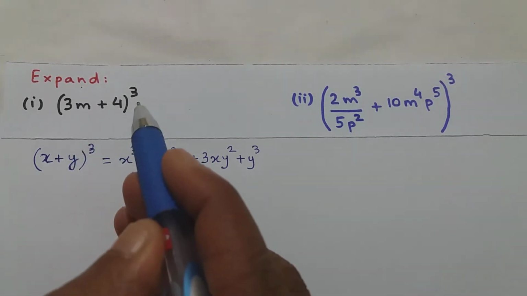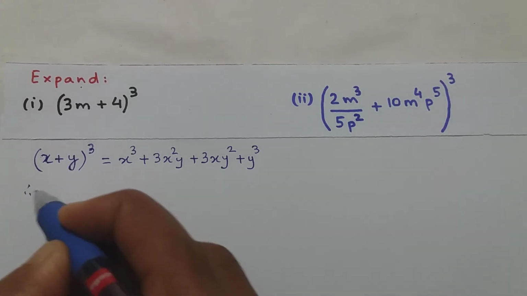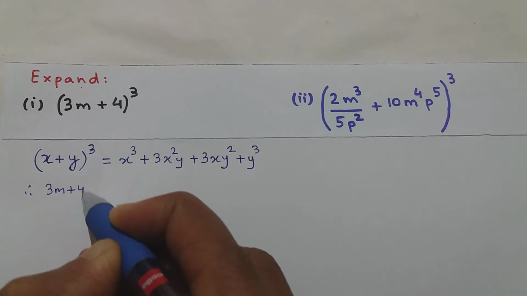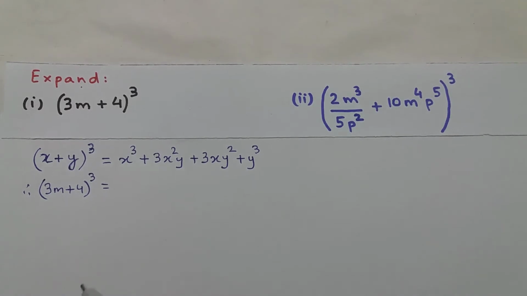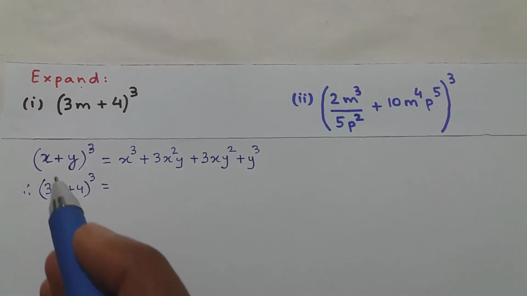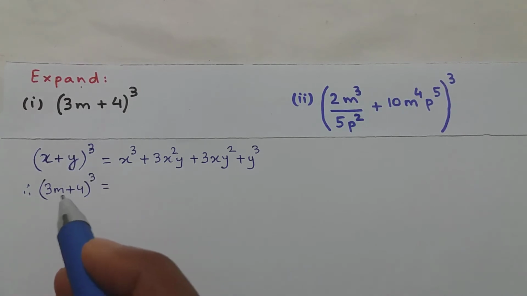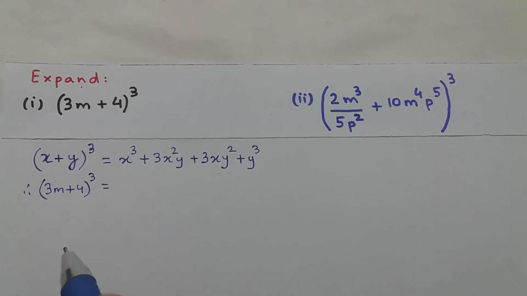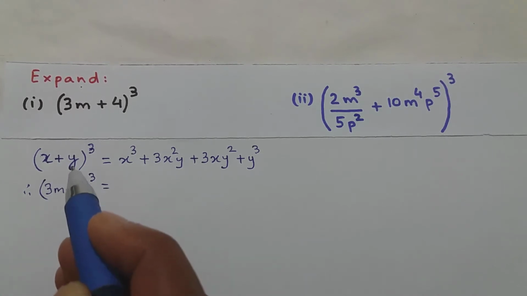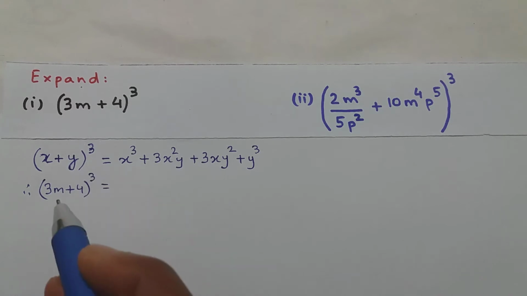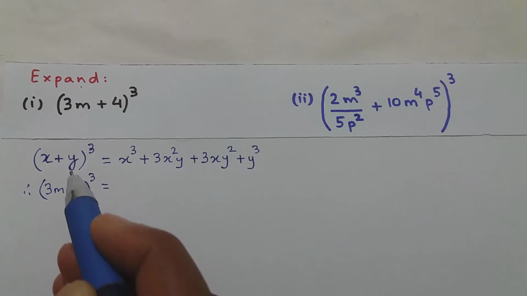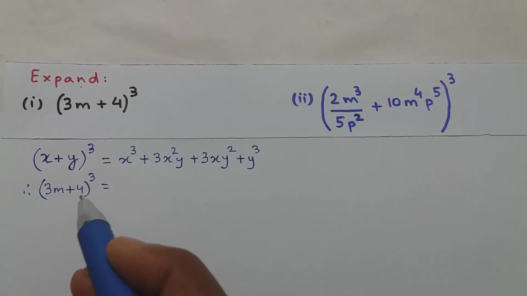So first I will write down this given expression. So therefore 3m plus 4 whole cube is equal to, now when I compare x plus y whole cube with 3m plus 4 whole cube, here x corresponds to 3m, so x is equal to 3m, and y corresponds to 4, so y is equal to 4.